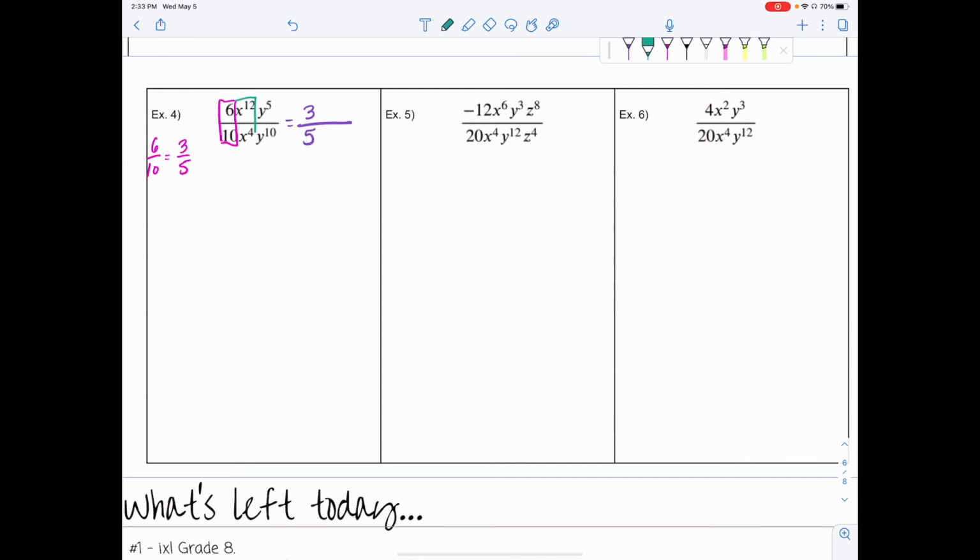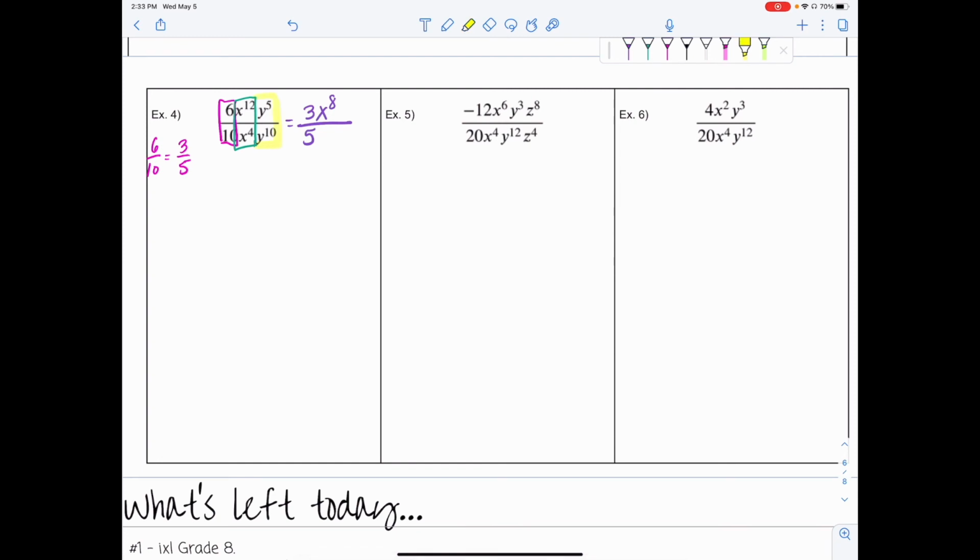And then we're going to get our x's. I have x to the 12th over x to the 4th. If I were going to write it out the long way, I would have the most x's in the numerator. So my x is going to end up in the numerator because 12 is bigger than 4. And then when we're dividing the same base, we're subtracting our exponents. So 12 minus 4 is 8. And then for our y's, I have y to the 5th over y to the 10th.